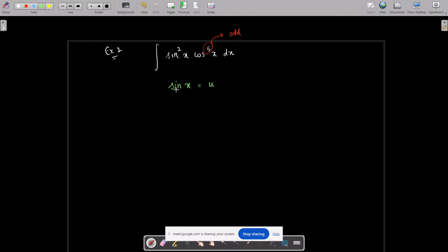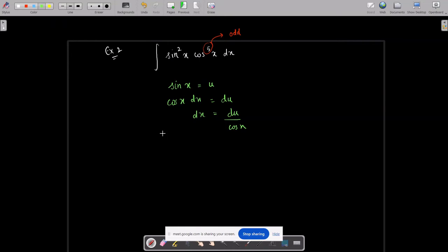That's why I'm taking sine of x as u, because when I differentiate, cosine of x dx equals du. So dx becomes du over cosine of x. Now when I put this value in place of dx, one cosine of x will get cancelled with one cosine of x, so this will also become even, like it will become cosine 4.